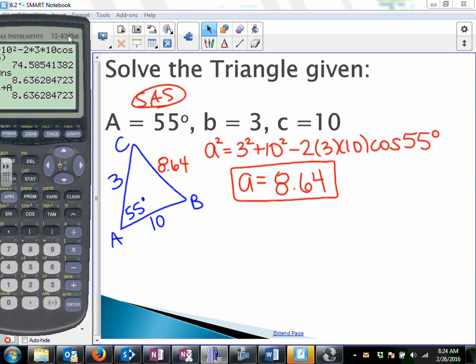Okay. So if you're going to switch to the law of sines, you are more than welcome to. Just make sure your triangle makes sense. If it doesn't make sense, you have to go back to that angle you found with the law of sines and choose its supplement. What do I mean by your triangle not making sense?